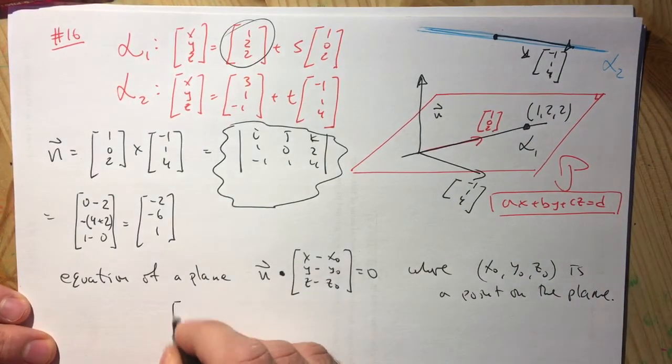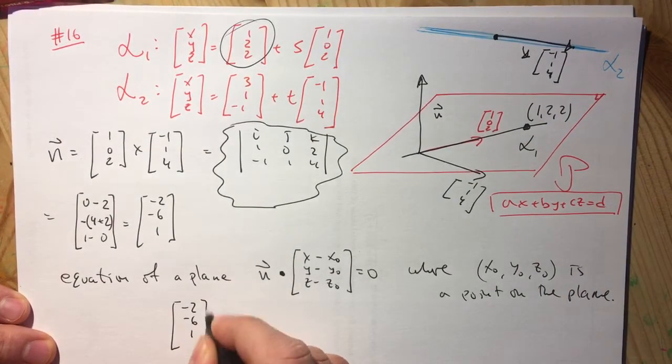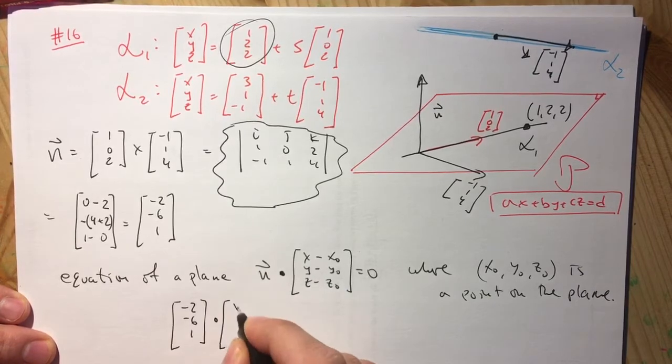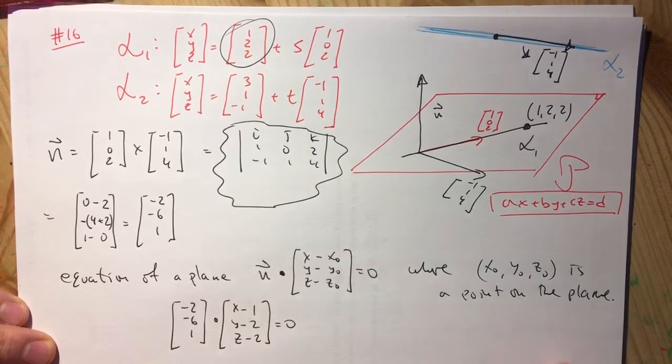So basically, I have the normal vector (-2, -6, 1) dot product (x minus 1, y minus 2, z minus 2) is equal to 0.